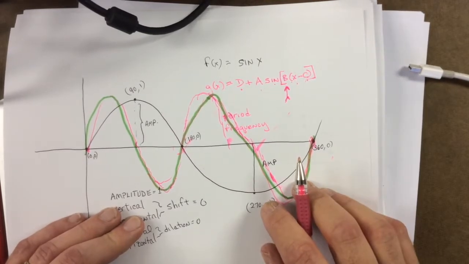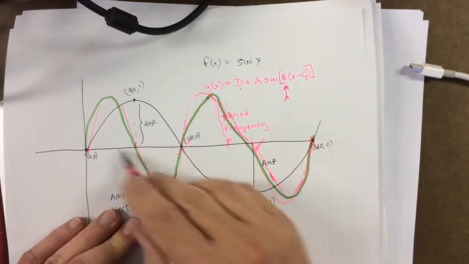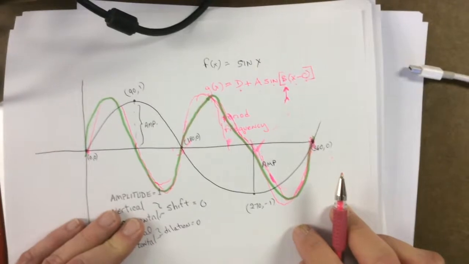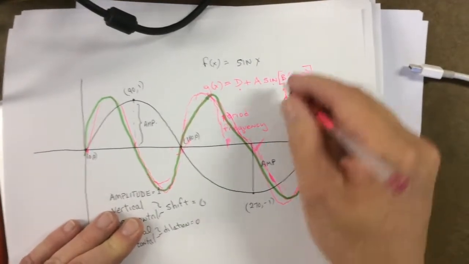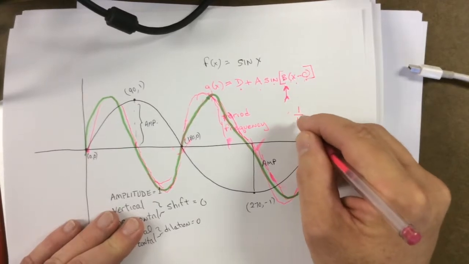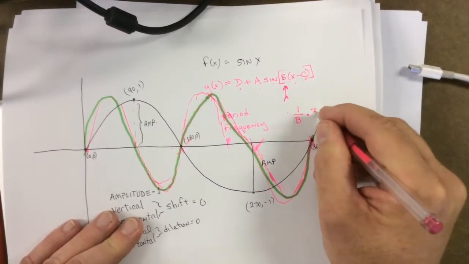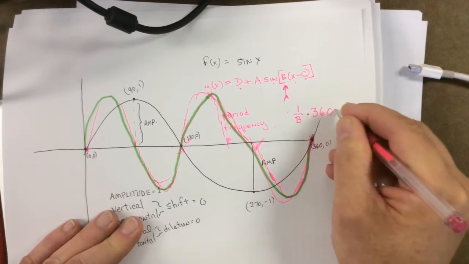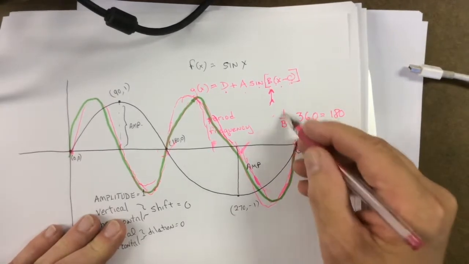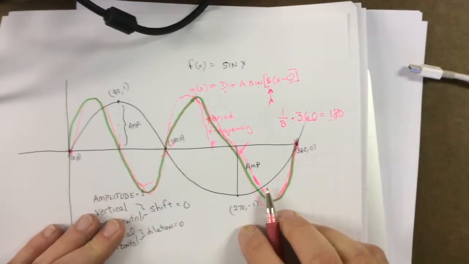What number does B have to be in order to accomplish this? 2, right? So B has to equal 2 here, which means that 1 over B times the original period is going to give you the new period. So it's the reciprocal of this times the original period that gives you the new period.